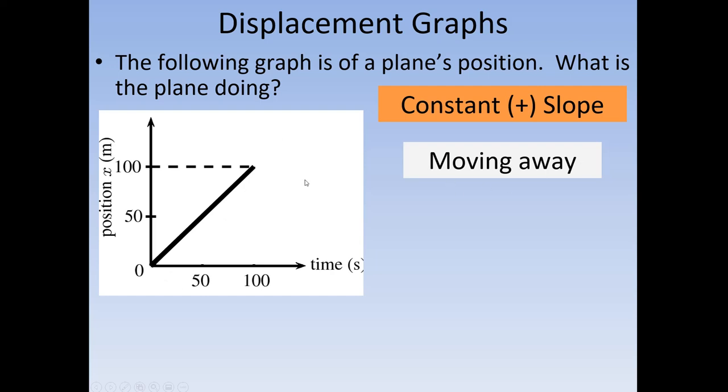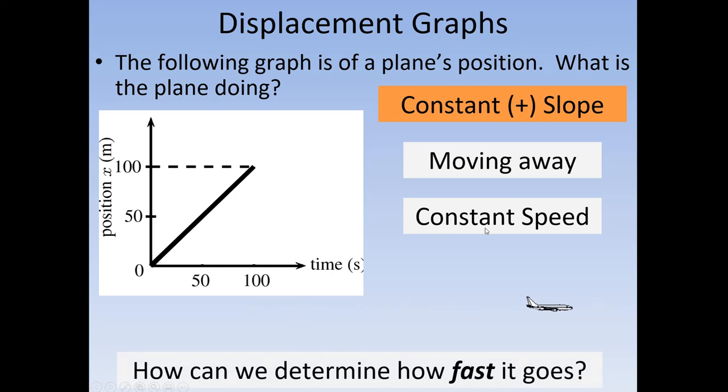So it is moving away, and we also can tell that it's moving at a constant speed. Within 50 seconds, it moves 50 meters, and in the next 50 seconds, it moves another 50 meters. So this plane is moving away, and it's doing it at a constant speed. So this slope, that's constant slope, constant speed, moving away.